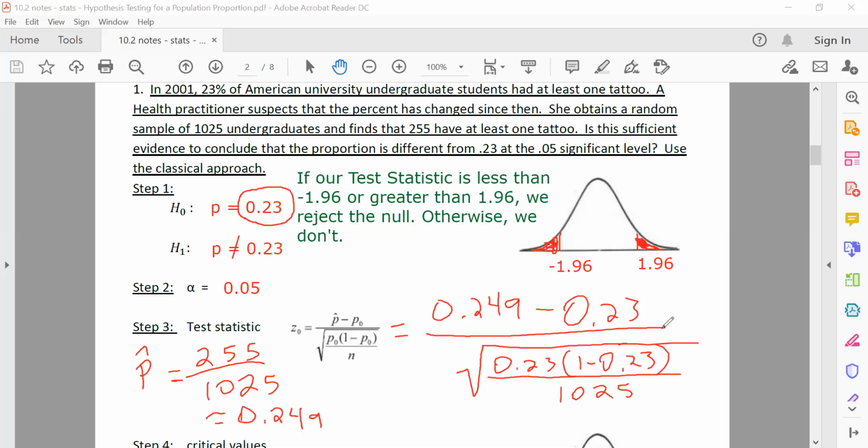And once we calculate this test statistic, we will have a lot of our answer. So give me a moment, I'll calculate it.